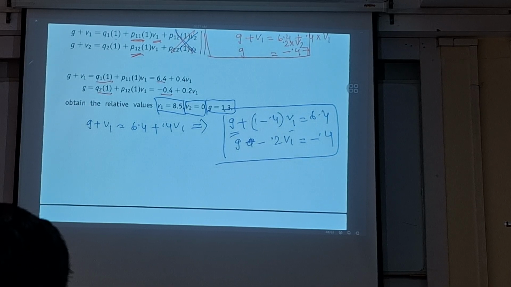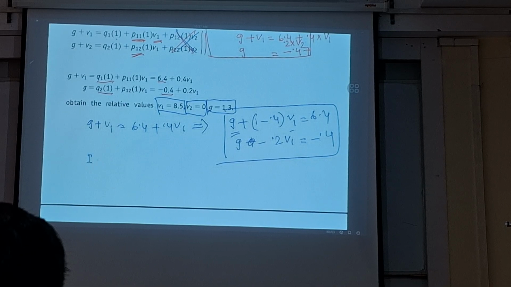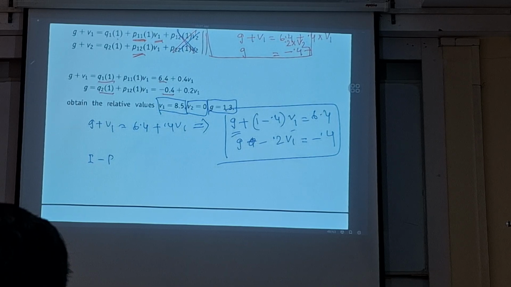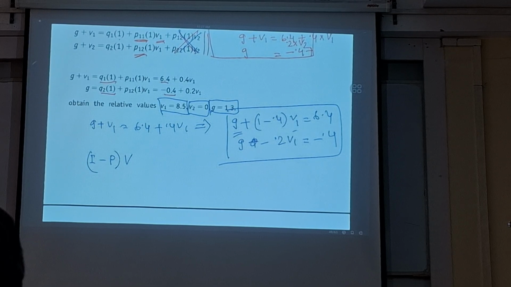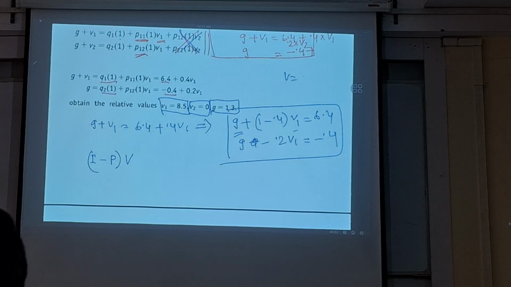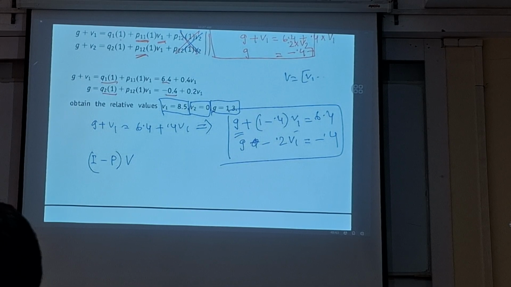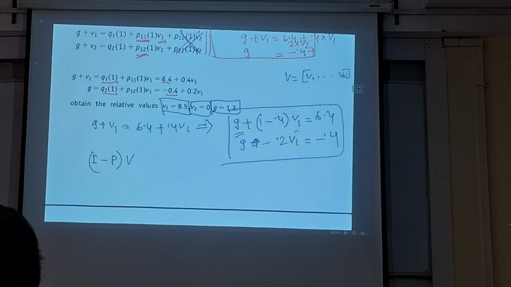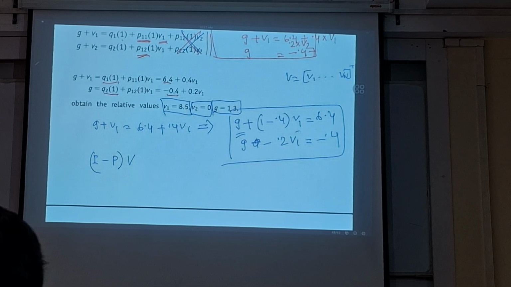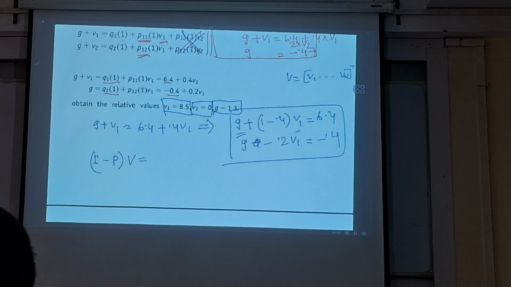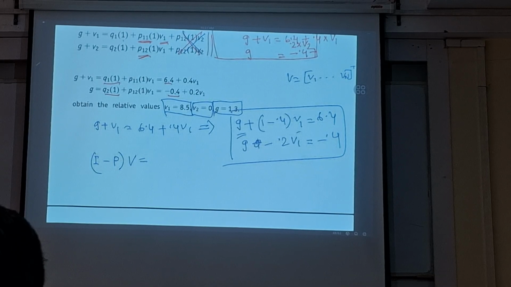The system of linear equations will be the identity matrix E multiplied with the probability vector, equal to what? V1, Vn. This one will be equal to, what is the equation?